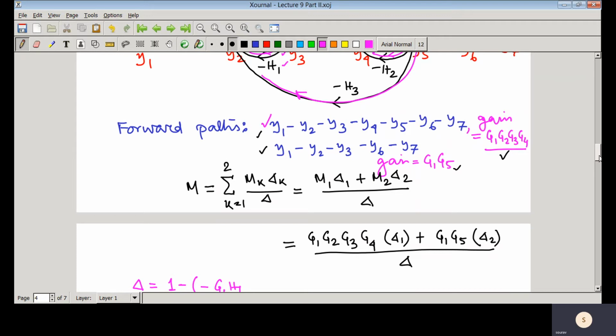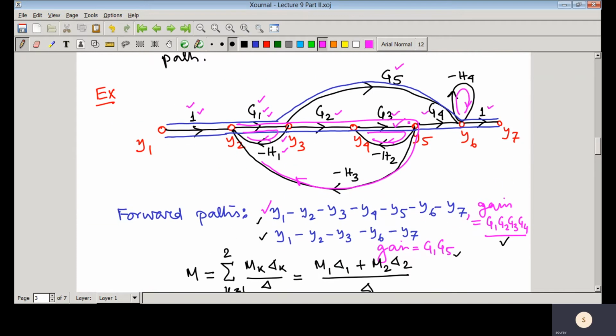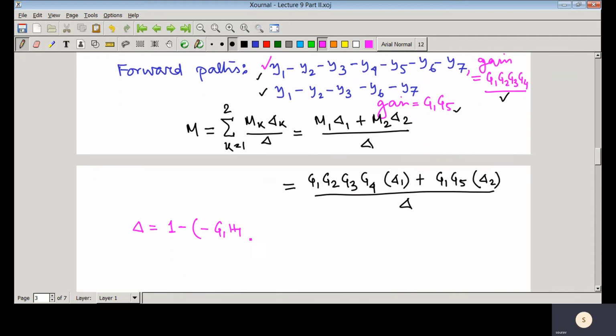Let us see the other loop. This one is G3 into minus H2, so that means G3 minus H2.